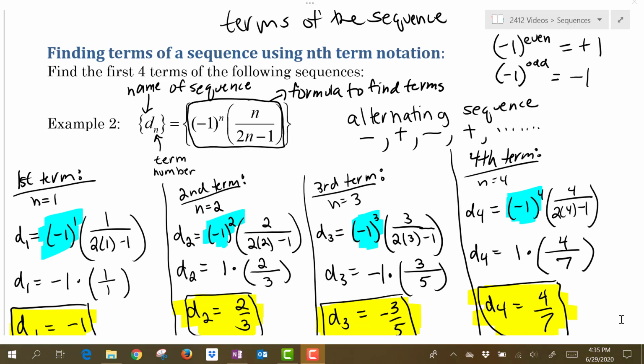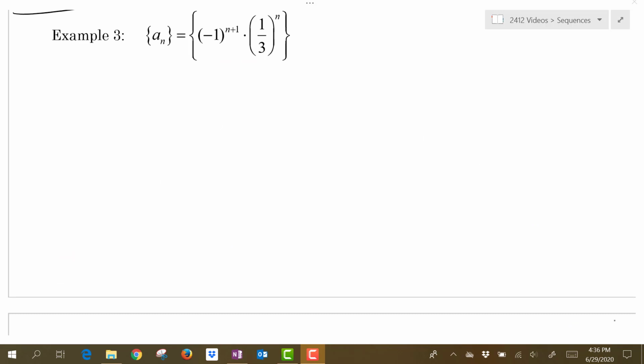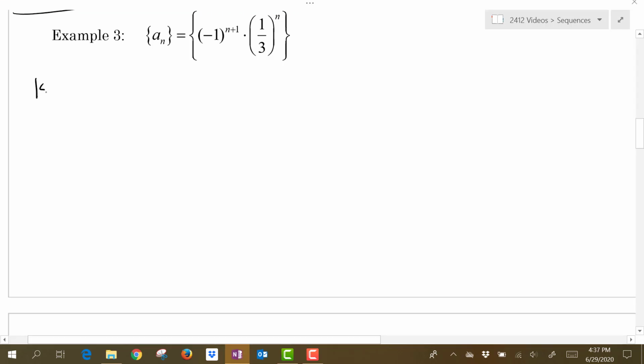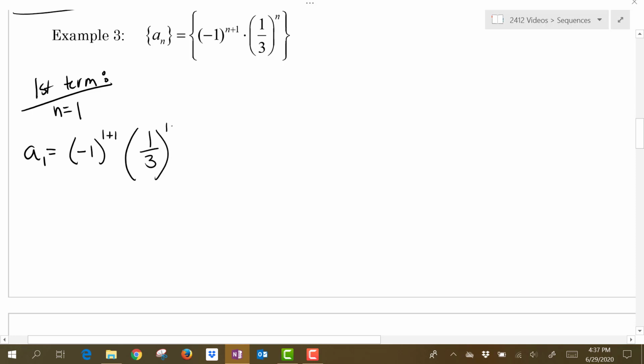Here we have sequence A, and once again we're asked to find the first 4 terms of the sequence. So if I want to find the first term of the sequence, we're going to set n equal to 1. So we have a sub 1 is equal to (-1) to the power of 1 plus 1, so all of that is in the exponent, times (1/3) to the power of 1.